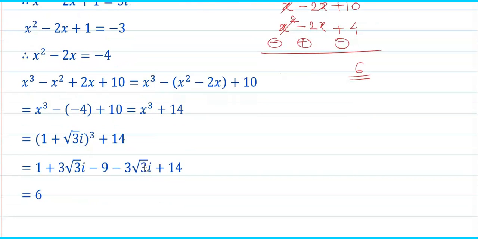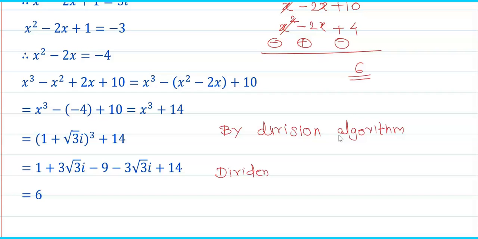How is it so? By the division algorithm. I will write here: by division algorithm, dividend is equal to divisor into quotient plus remainder.